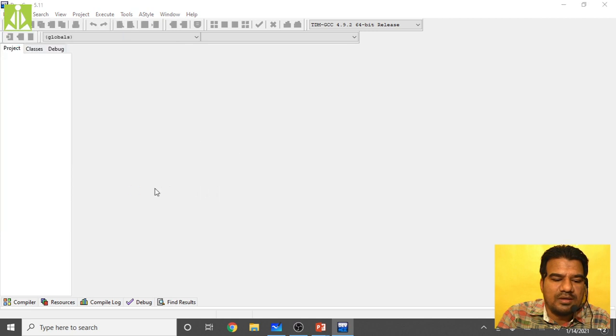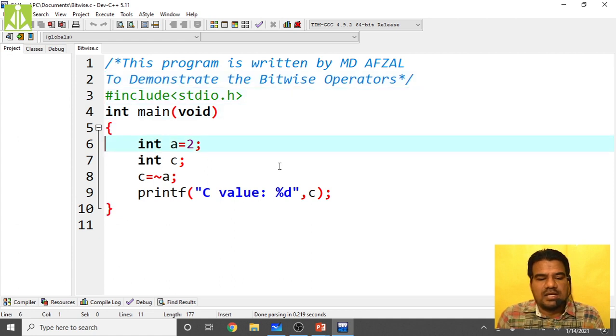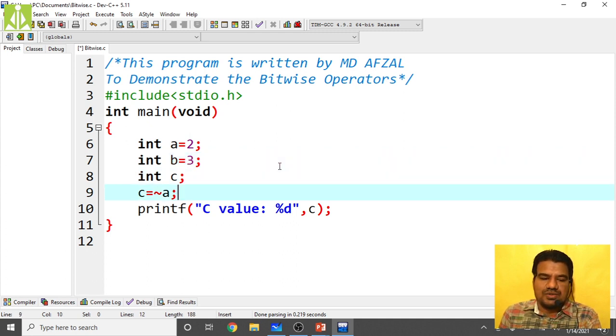Open bitwise, which we practiced. This is the code. Here we have int a with value 2, and now I will take another value, int b as 3. I took c to store the result.